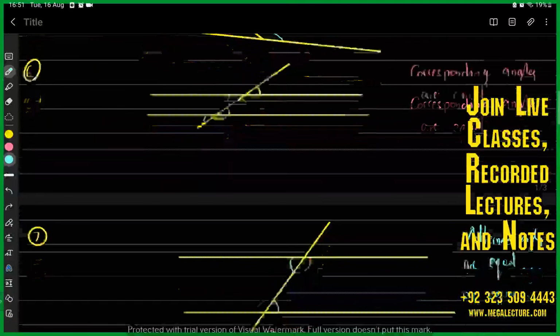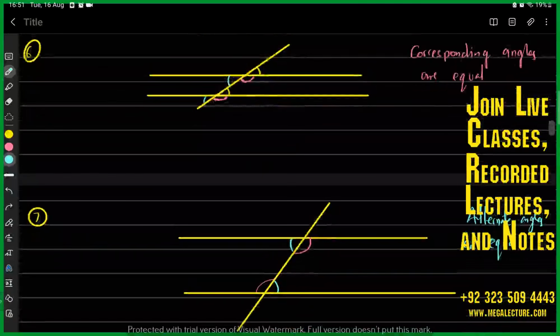Then we have discussed corresponding angles. Corresponding is self-explanatory. This pink angle, like now it's blue, is corresponding to this angle right here, and corresponding angles are equal, okay? Similarly, this angle and these two are corresponding. So whenever you have two corresponding angles, they are equal.